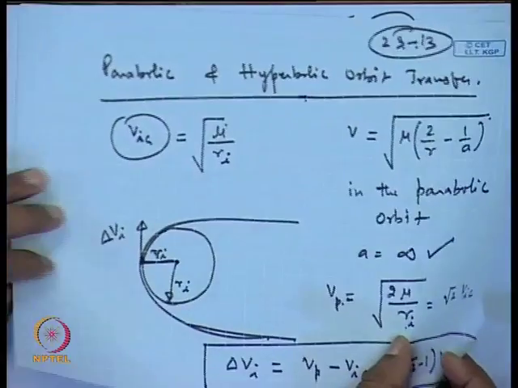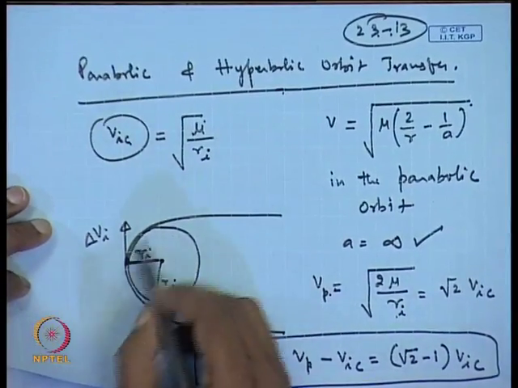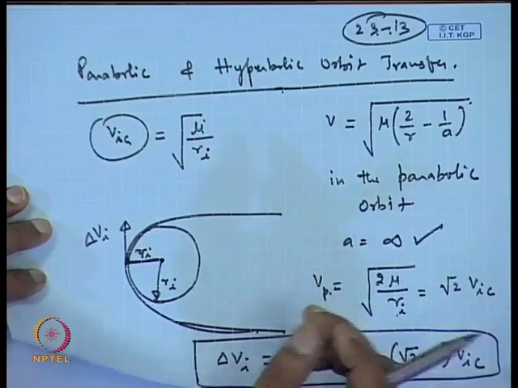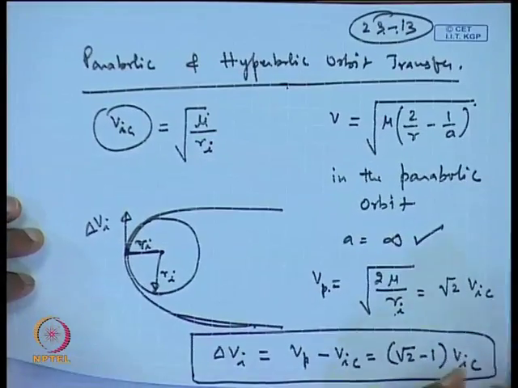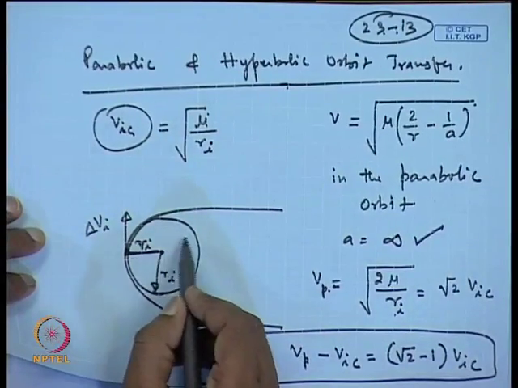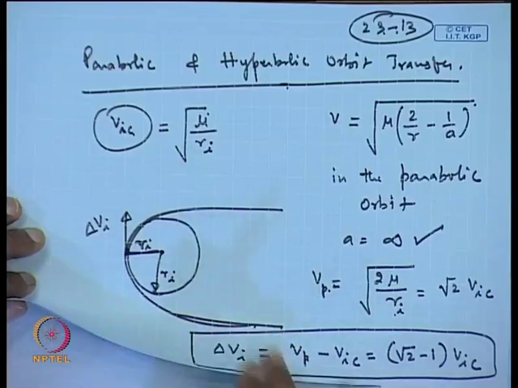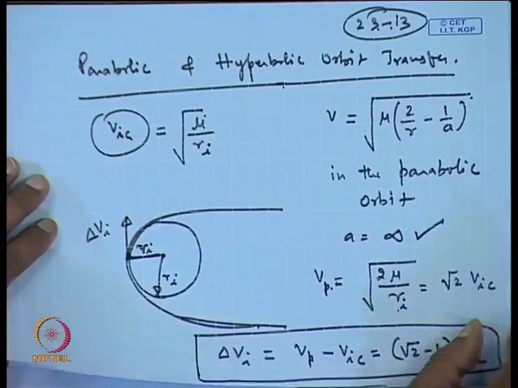Similarly, if you want to find out what will be the impulse required if the satellite is moving in a parabolic orbit, and you need to send it into a hyperbolic orbit, how much impulse is required, that can be calculated, or either the satellite in the circular orbit and you need to send it into the hyperbolic orbit, how much impulse is to be given. So, what is the benefit of the parabolic and the hyperbolic orbit?